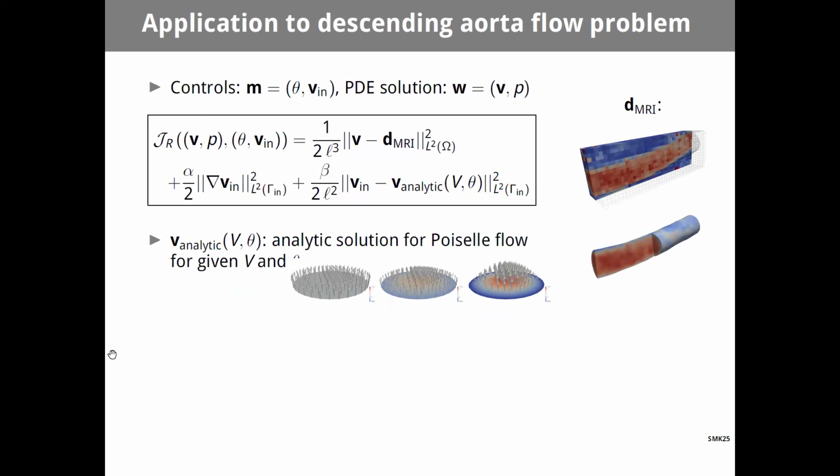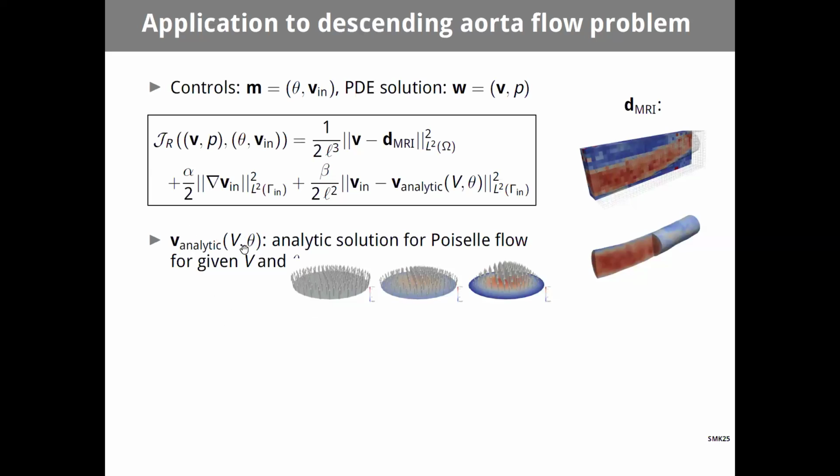We do that, for example, consider a functional like this. You have velocity, pressure, and your control variables are the slip parameter and inflow profile. This would be the measured data velocity. If you interpolate this measured data into your computational domain, you have some target velocity which you are trying to approximate. For the inflow, in general, it's difficult, but we can take some good approximations having the analytic solution for the Poiseuille flow.